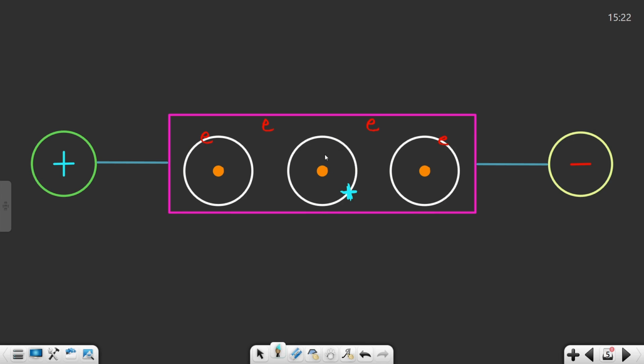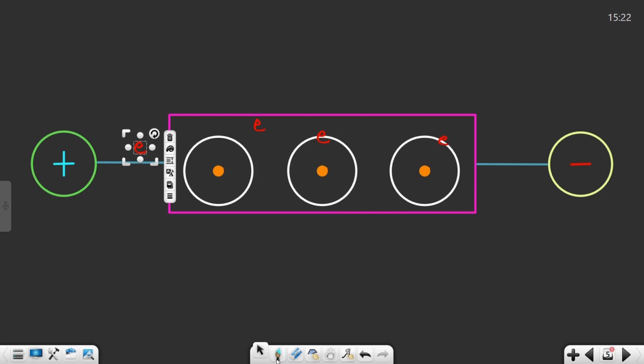Okay, and now what happens? You see this particular electron which was present over here, now it will accommodate this particular space, the space left by this particular electron, right? And due to which this atom becomes neutral, right? Now you see this particular electron, it will try to repel this one, and due to the repulsion and the attraction of this particular charge, this electron comes out.